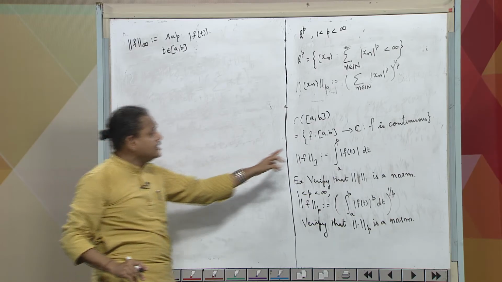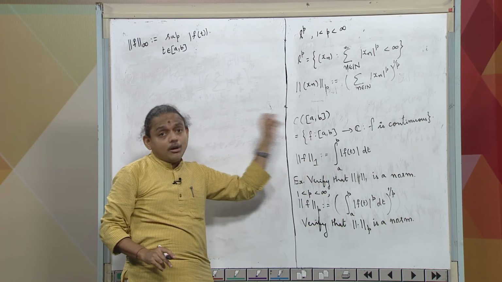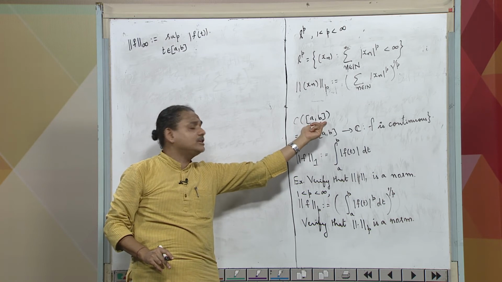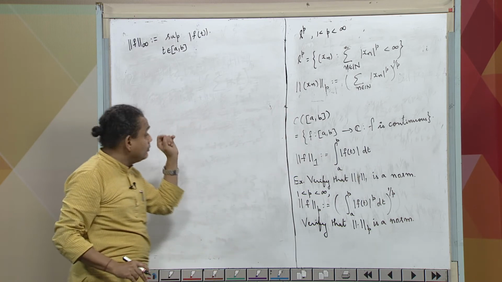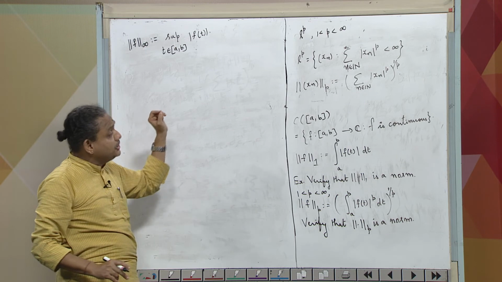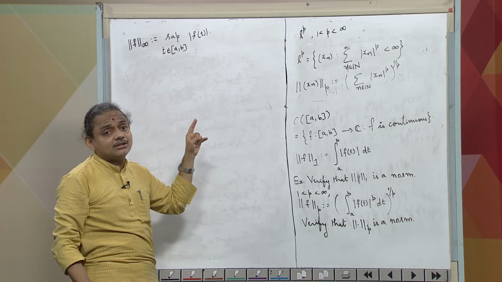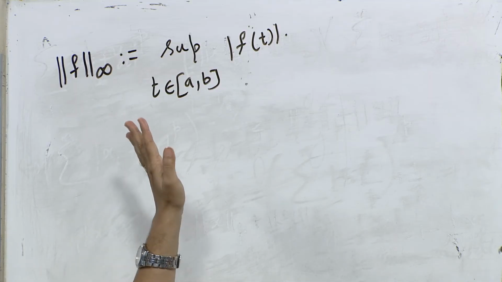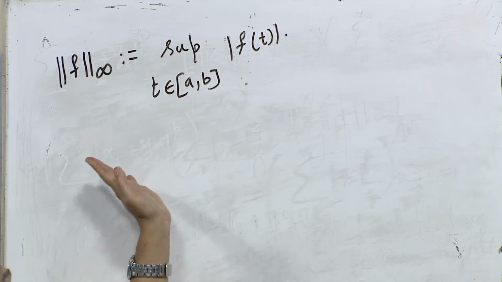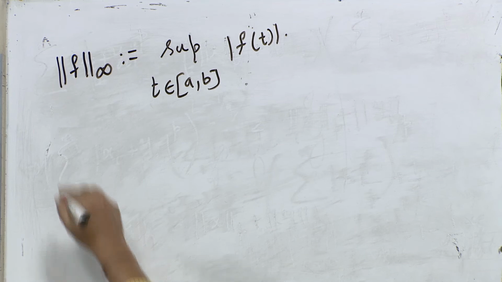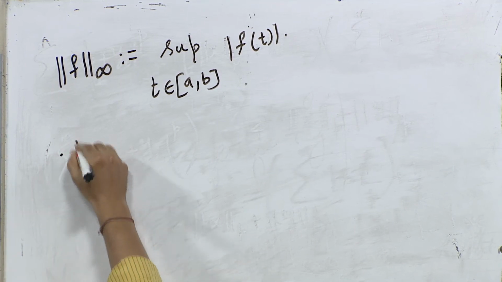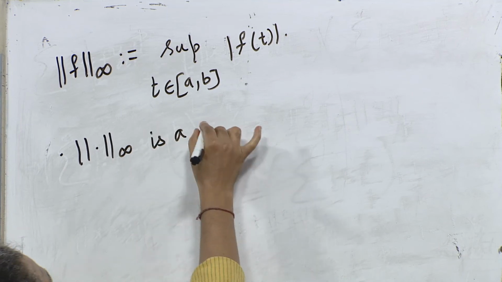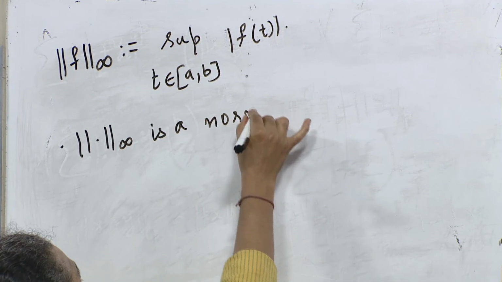Because this interval [a,b] is a compact interval, closed and bounded, by the Heine-Borel theorem we know that it is compact, and continuous functions defined on compact sets are always bounded, which means that this always makes sense, in other words this is well defined. Now, it should not be difficult for you all to verify that this is a norm.